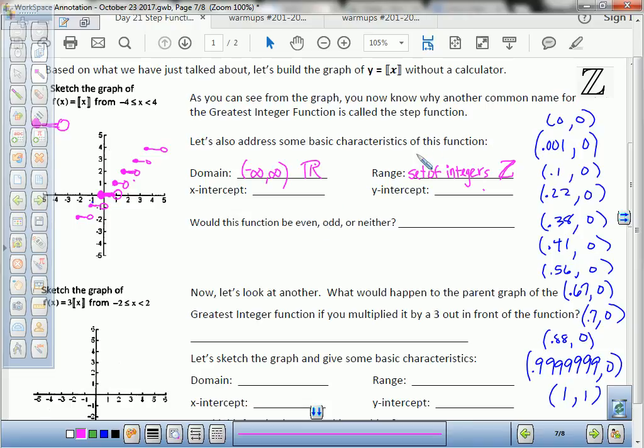Okay. Now another way to describe the range, because it is discrete values and not a continuous interval, we can't use the interval notation. We have to show the braces. It is discrete y values. So another way we could show this is go dot, dot, dot.